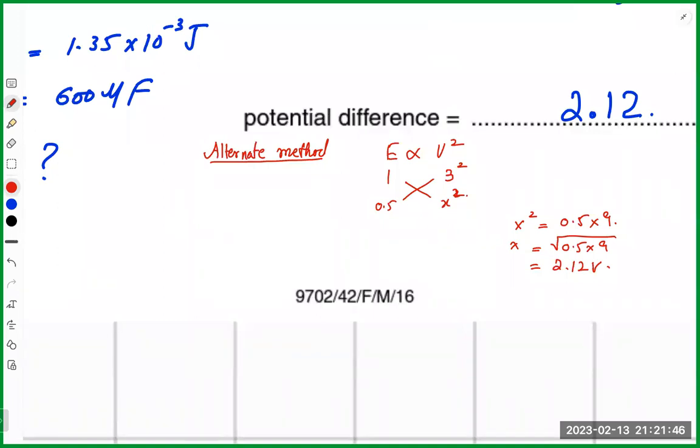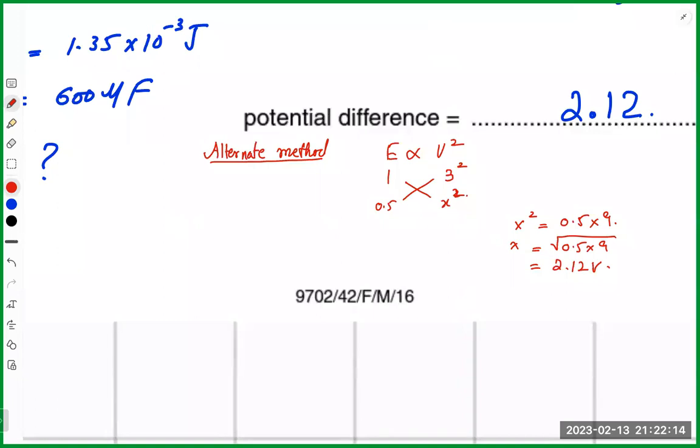And if it is even empty, its capacity is 1 liter. So capacitance does not change. Capacitance is constant, half is a constant, so energy and potential difference square are directly proportional. So this would be an easier way, but this can only be done if you have a crystal clear concept and crystal clear understanding of what the examiner is actually asking for.